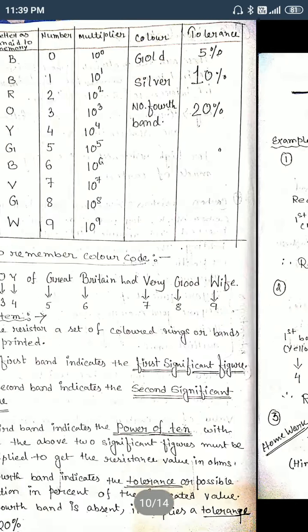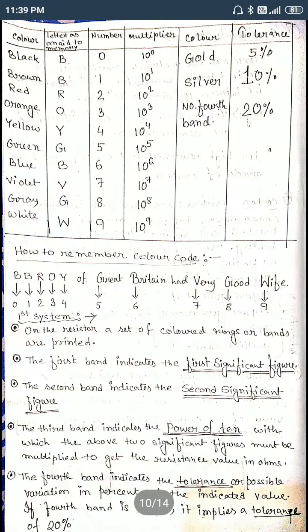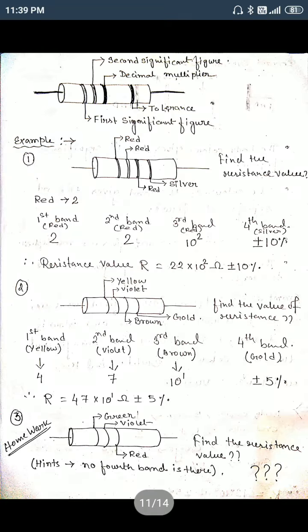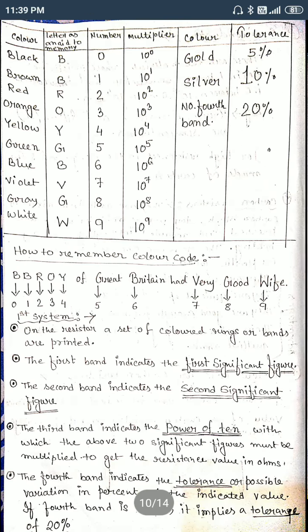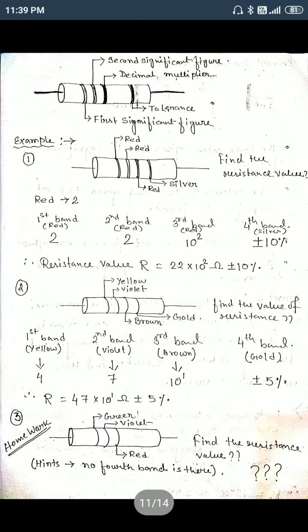Brown is 1, that is multiplied by 10 to the power 1. So the resistance value we get is 47 into 10 to the power 1 ohm, or 470 ohm. The fourth band is silver, sorry, gold, gold means plus minus 5%. So 470 ohm plus minus 5%.